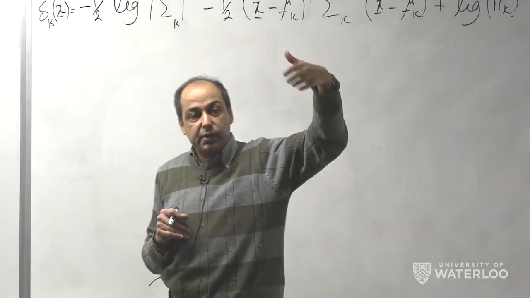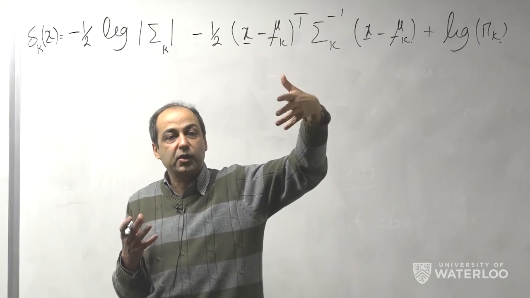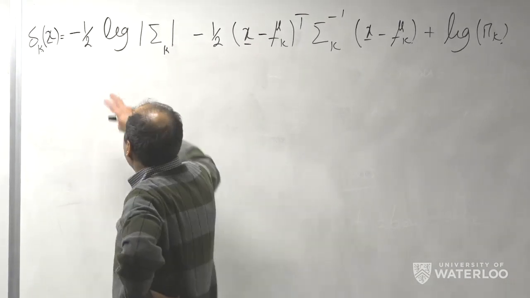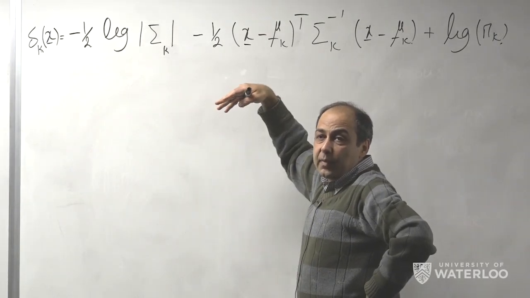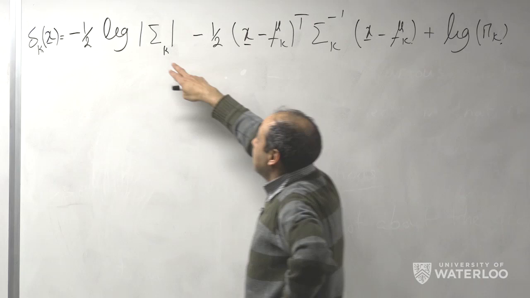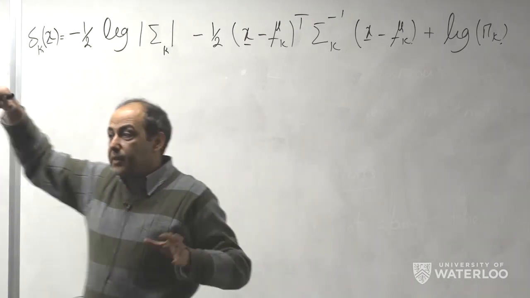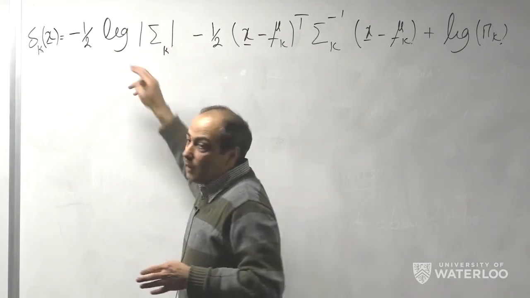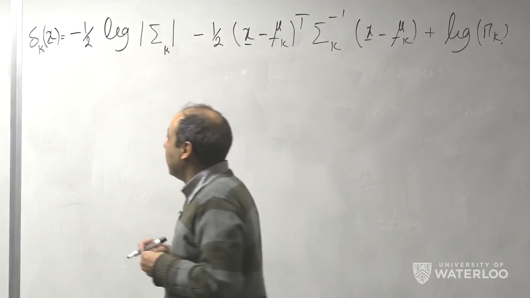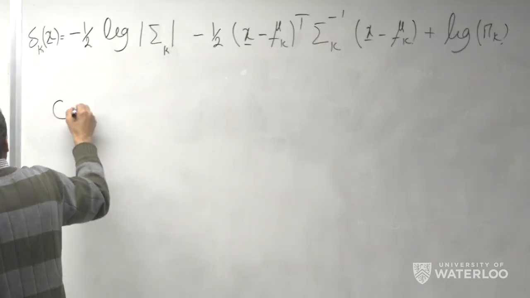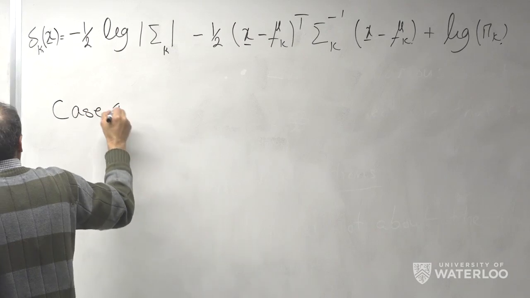Then to get some insight about what's happening in LDA and QDA, we decided to consider a special case and see what's happening here. This is general for QDA. If it's LDA, then sigma k of all classes would be the same, so you don't need this first term, and the formula will be simplified.